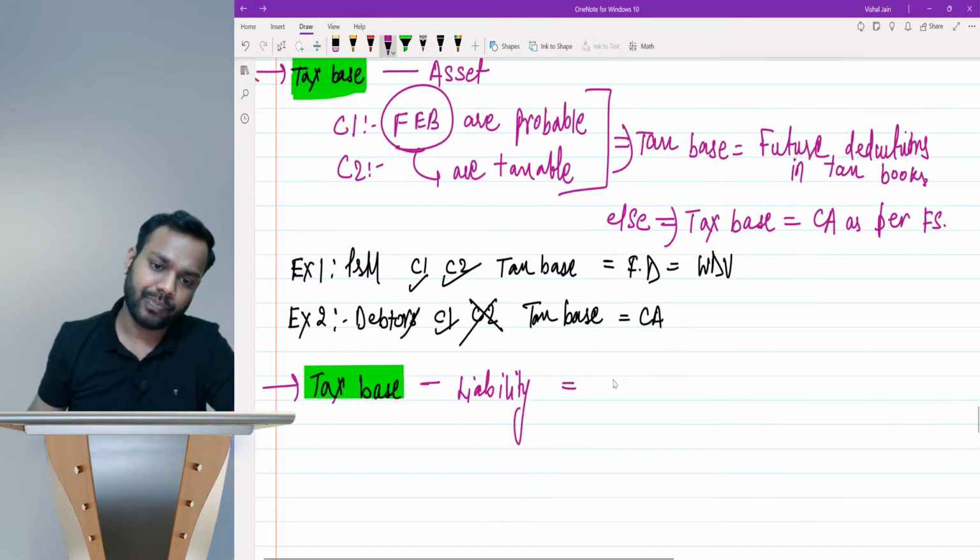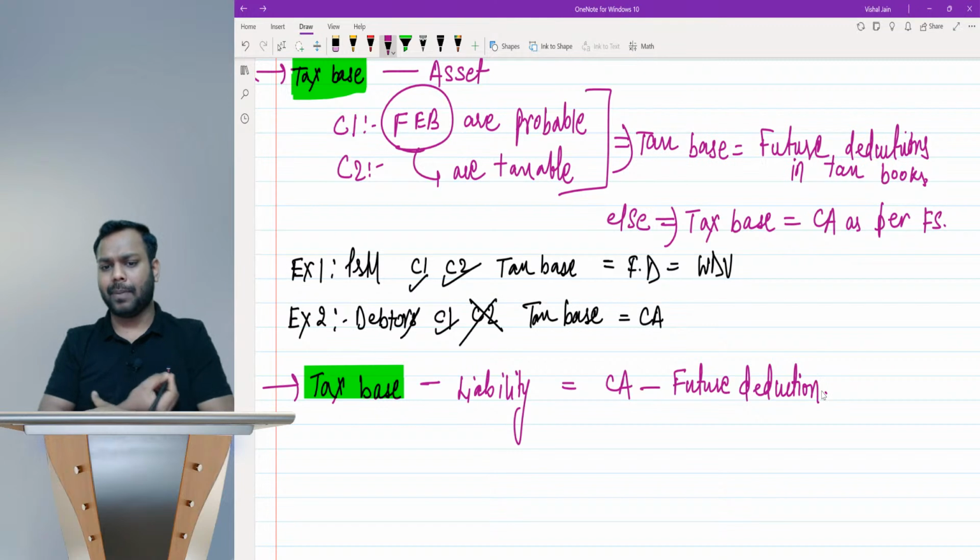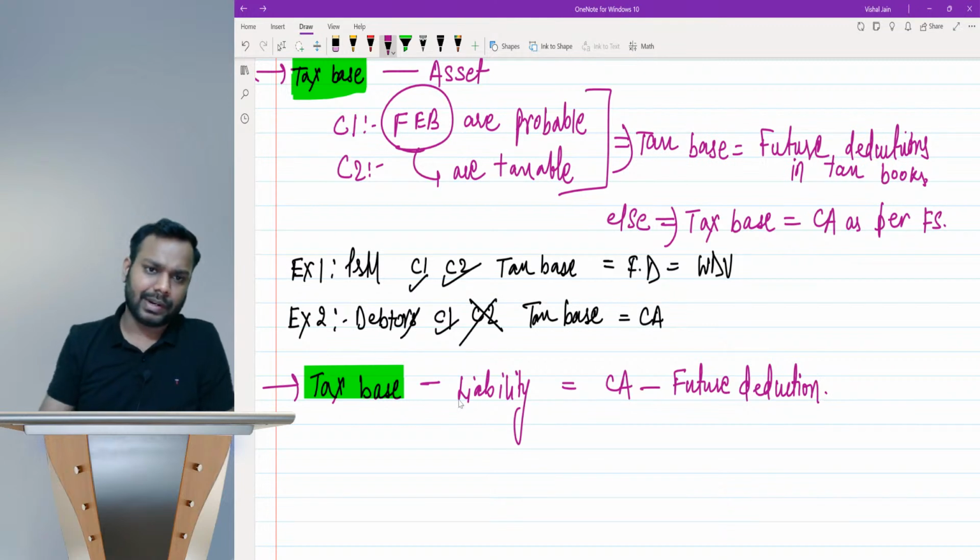It is equal to carrying amount minus future deductions. That's all. No conditions, nothing. Simply carrying amount minus future deductions. Now let me take up certain examples.